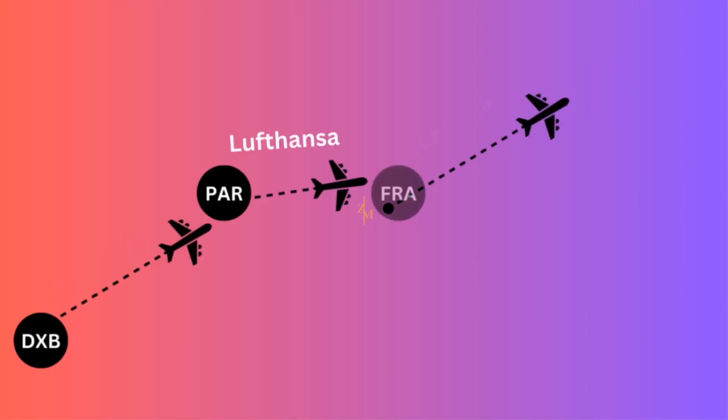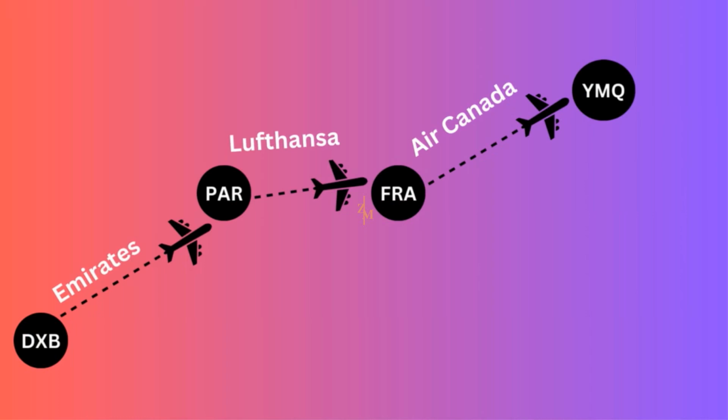For example, the journey starts from Dubai, DXB, on Emirates to Paris, PAR, with unrestricted interline economy T class and a stopover in Paris. From Paris, PAR, on Lufthansa to Frankfurt, FRA, unrestricted interline economy Y class with no stopover, and continuing from Frankfurt, FRA, on Air Canada to Montreal, YMQ, unrestricted interline economy Y class.